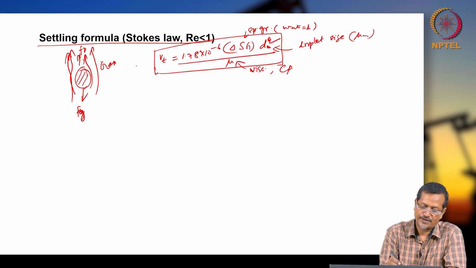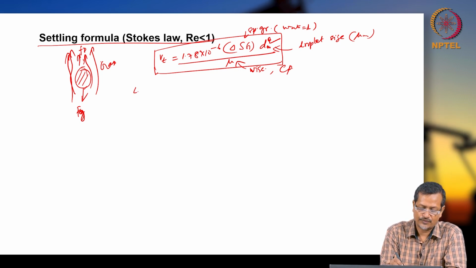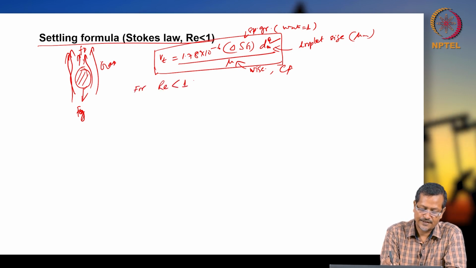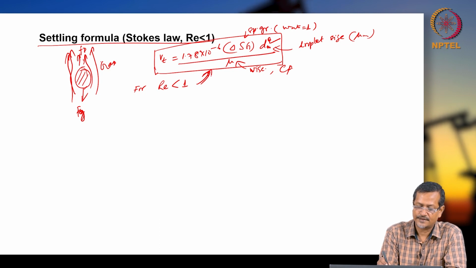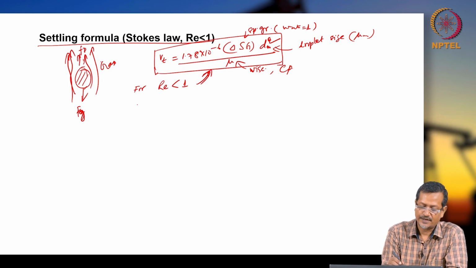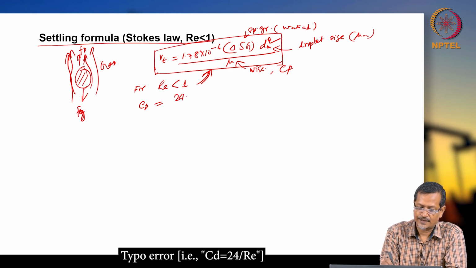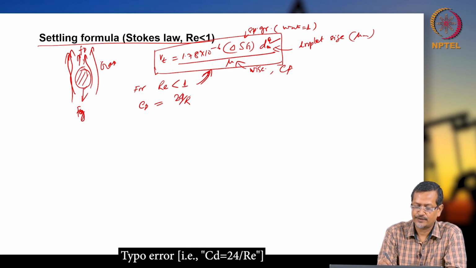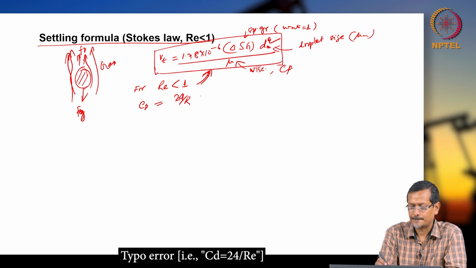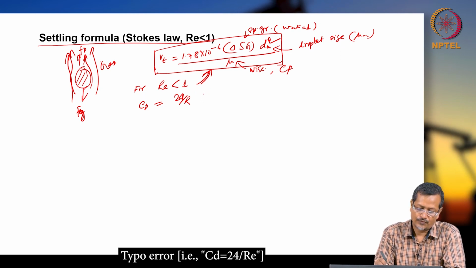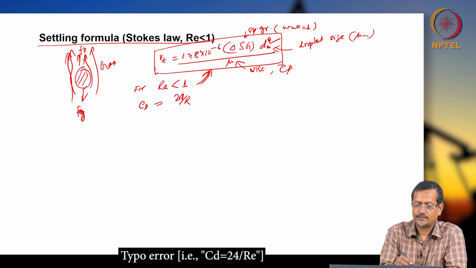So for low Reynolds number, Stokes law, you have to remember this one, this formula is for Re less than 1. Okay, so if we derive this formula, it will be like this: Cd equals 24 by Re. Again it will be coming from Stokes law. Flow around the particle, we are assuming laminar flow.